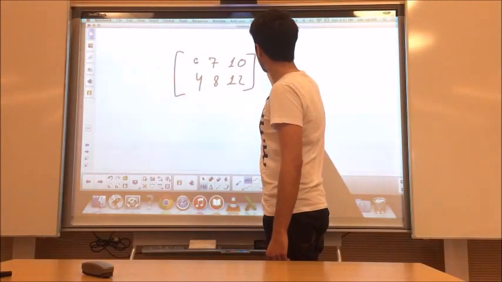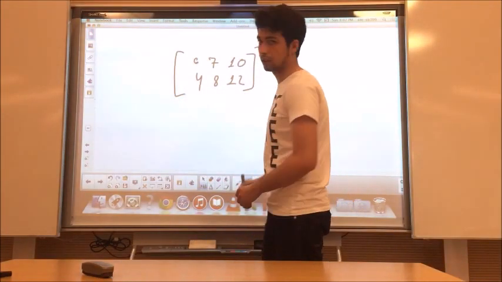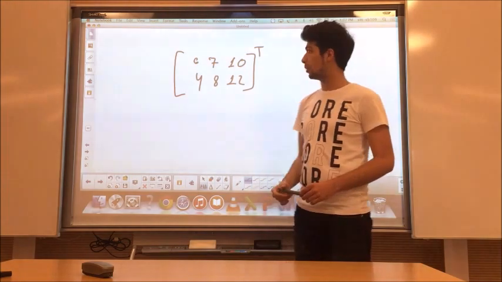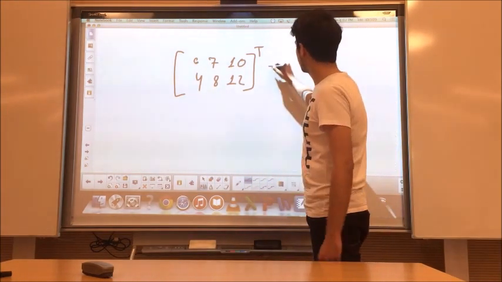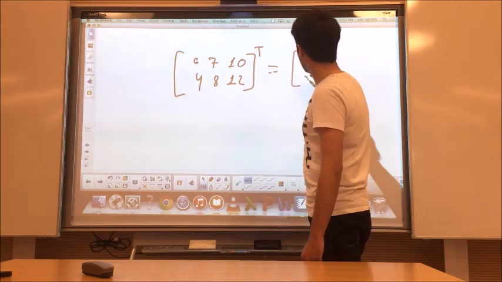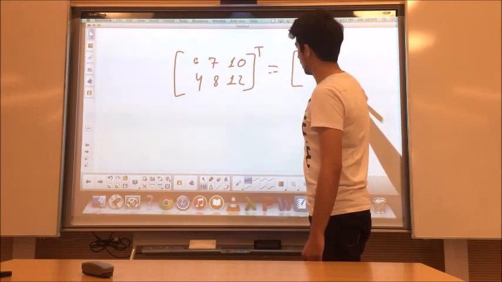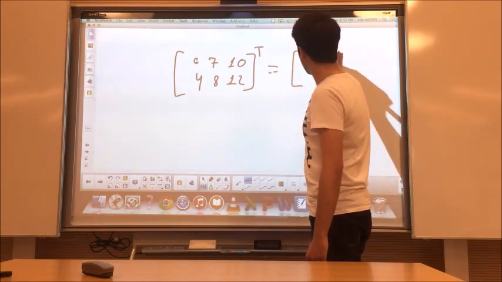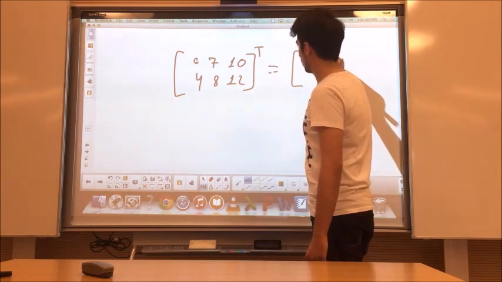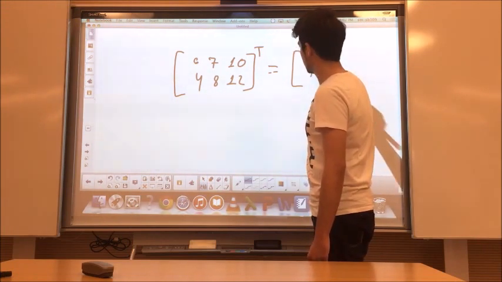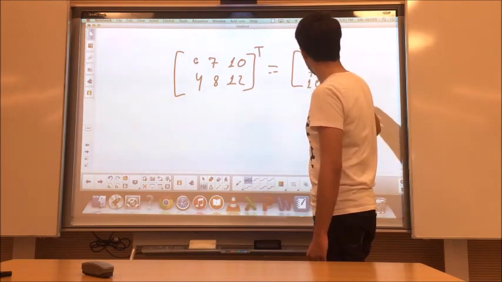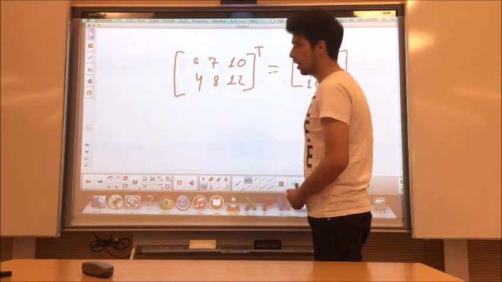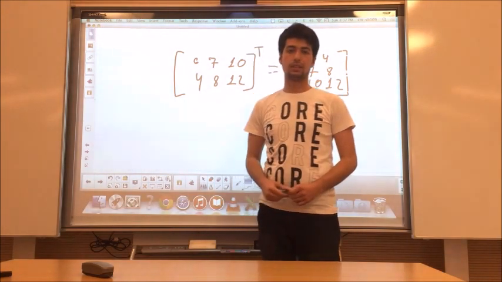As I said before, to the right hand corner on the top side, we put T letter, then we get this result. For example, 6, 4, 7, 8, 10, 12, which is our transpose matrix.